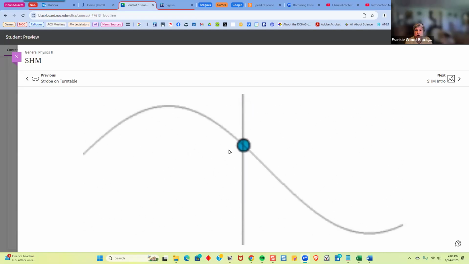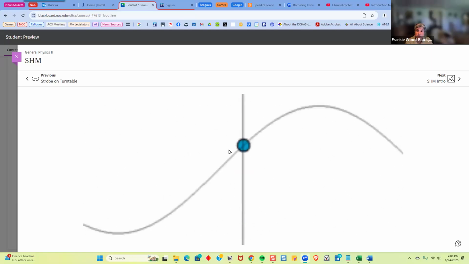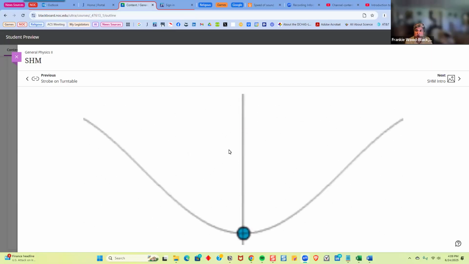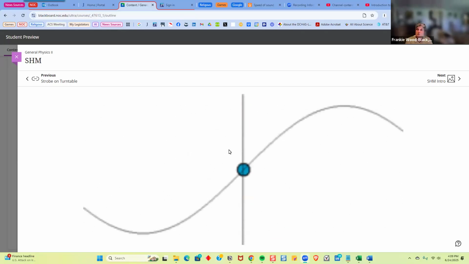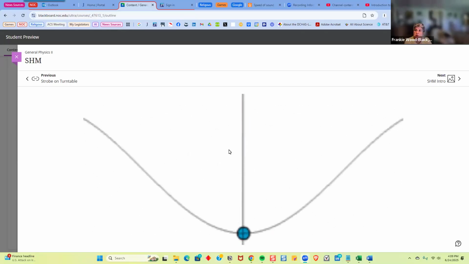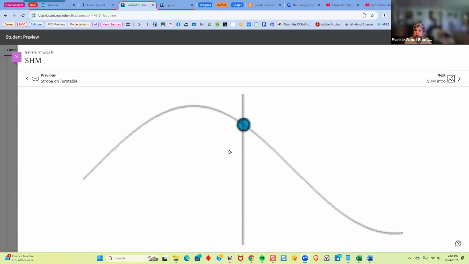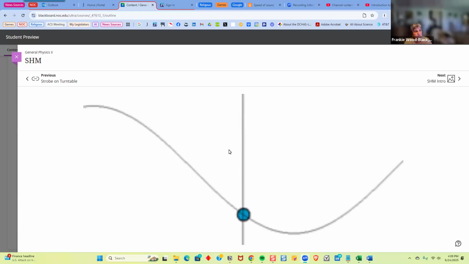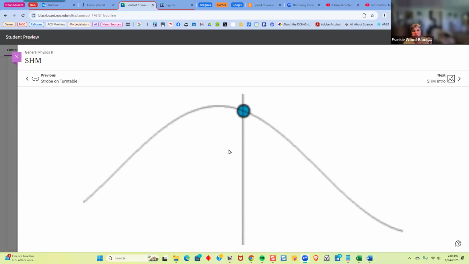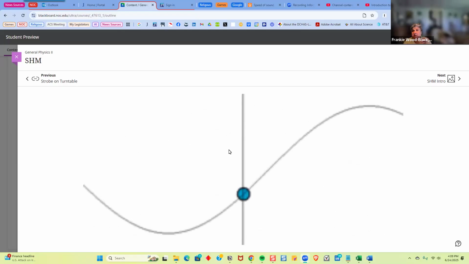If I were to plot a cosine function, it's going to look like that curve that you're seeing. The sine function will do the same, and the only difference between the sine function and the cosine function is what we refer to as a phase angle. They're 90 degrees apart. And we'll see that a little bit more in our motion.